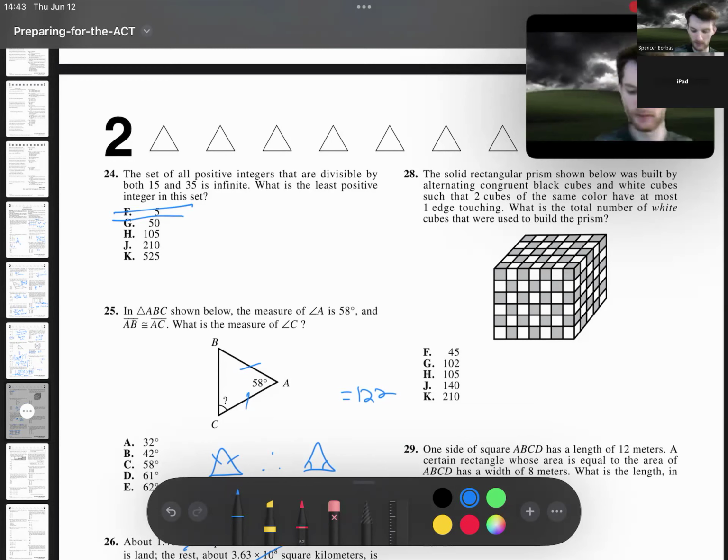All right, so this is 1, 2, 3, 4, 5, 6, 7, 7 to the power 3 to find the total number of cubes. It's 21 times 7, which is 147. And if half are white, is this image misleading?